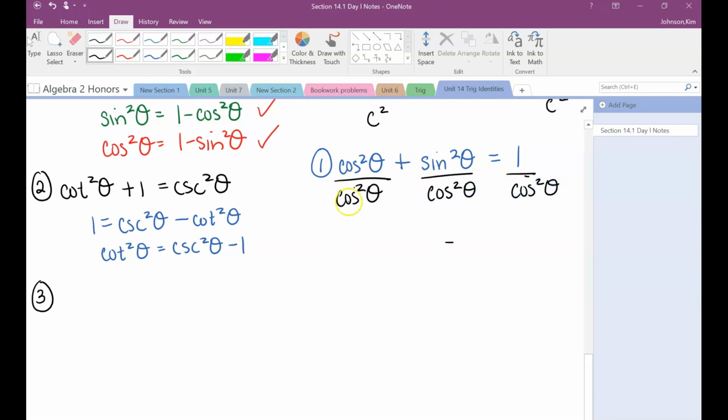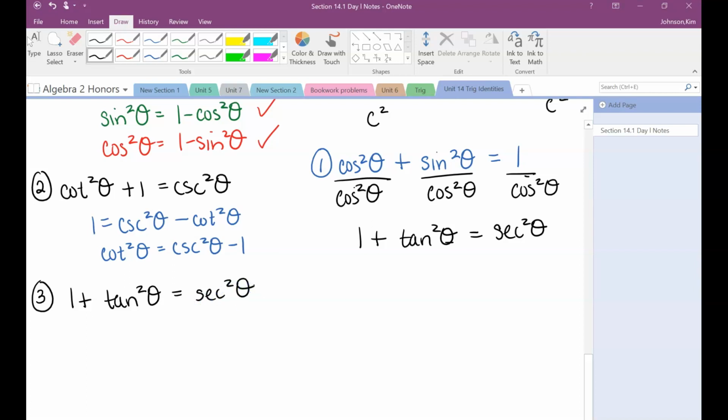Well, my first expression is 1. My second expression is tangent squared of theta now, since sine over cosine is tangent. And 1 over cosine is secant. So 1 plus tangent squared of theta is equal to secant squared of theta.